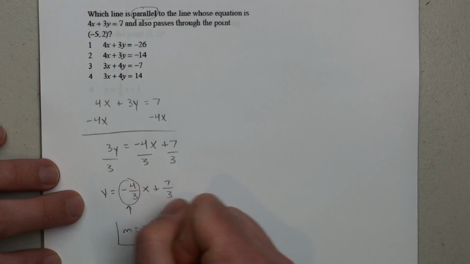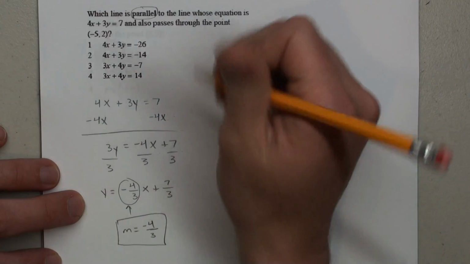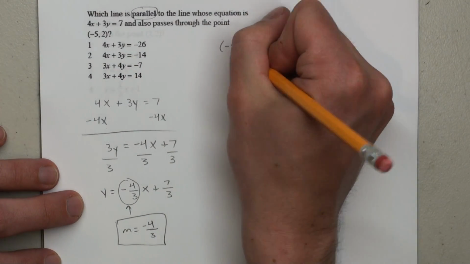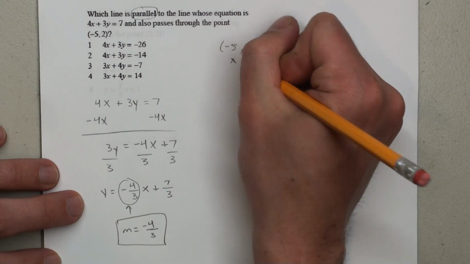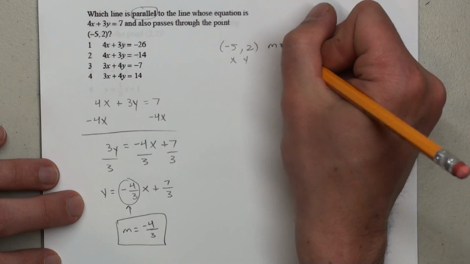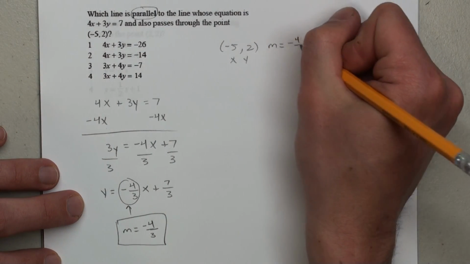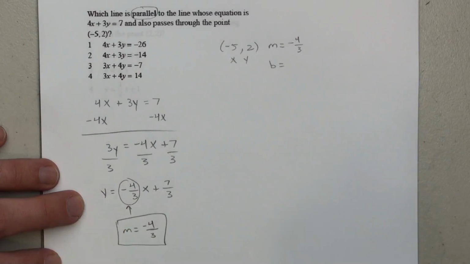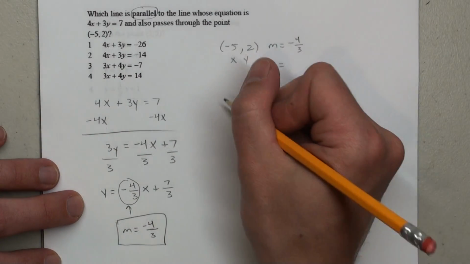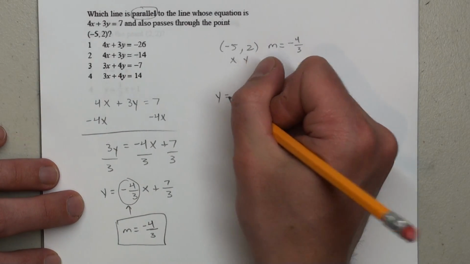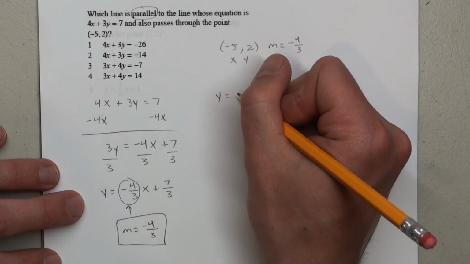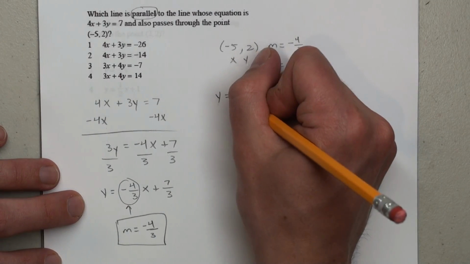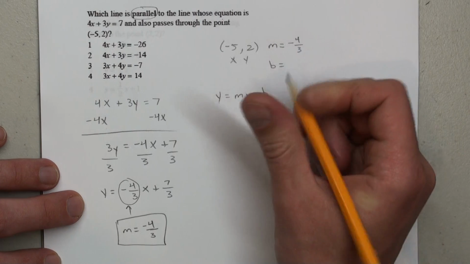And because these lines are parallel, that is the slope that my parallel line is going to have. So I have this point, which I can plug into x and y, and I have my slope. I just don't have my b, but I'm going to find that right now. Oh, y equals mx plus b.